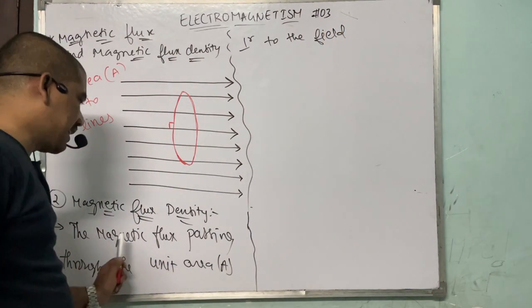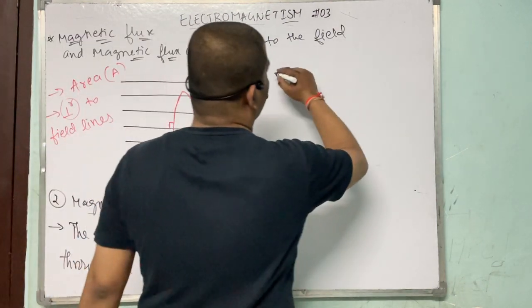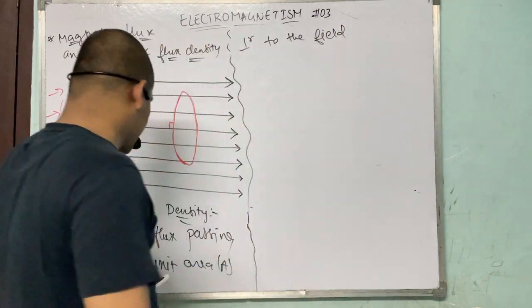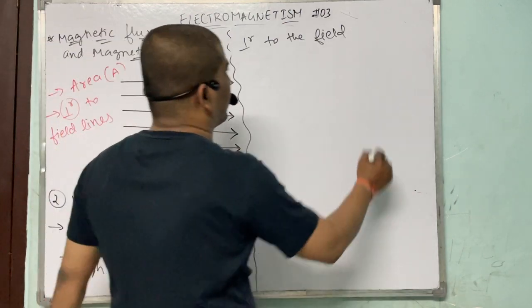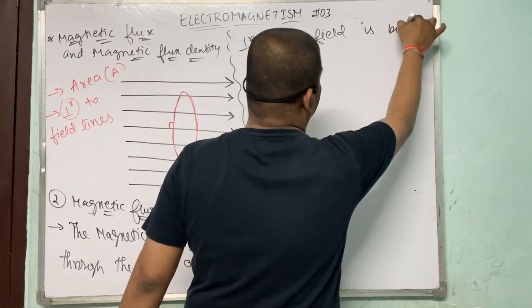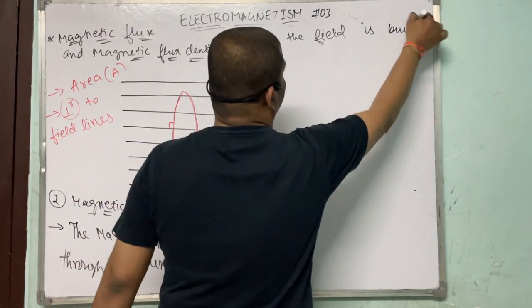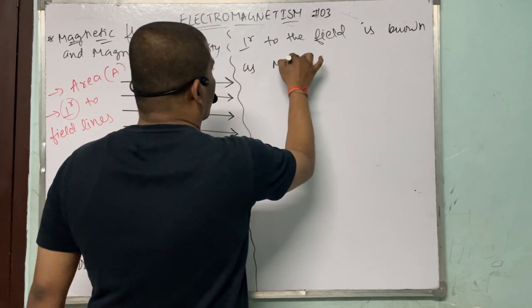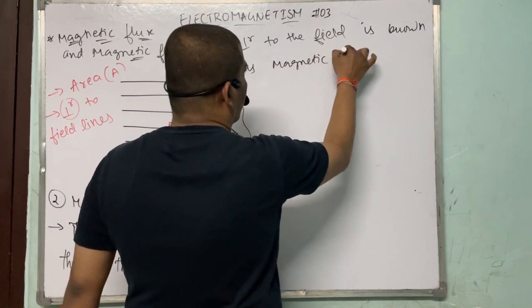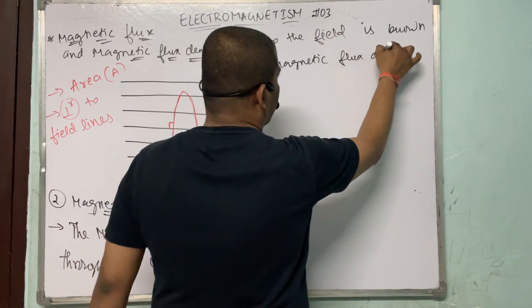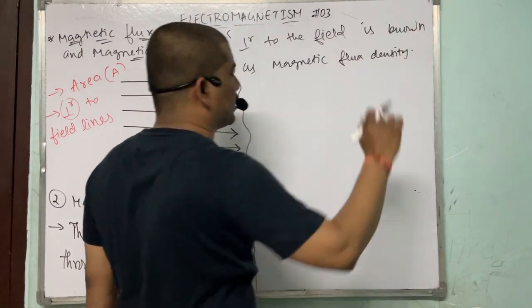So the magnetic flux passing through the area of unit A, perpendicular to the field, is known as magnetic flux density. We can define it in 2-3 ways.